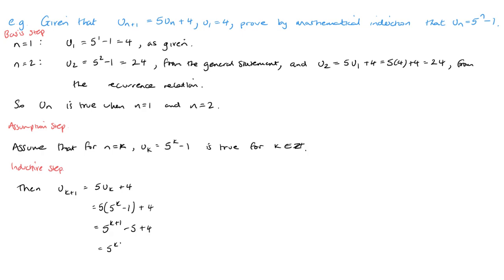So 5 to the power k plus 1 minus 1. And you can see that this now resembles this, but when n is k plus 1. So we've started with u of k plus 1 of the recurrence relation. We substituted our assumption in for the general term, and then we've shown that we get the general term for k plus 1.